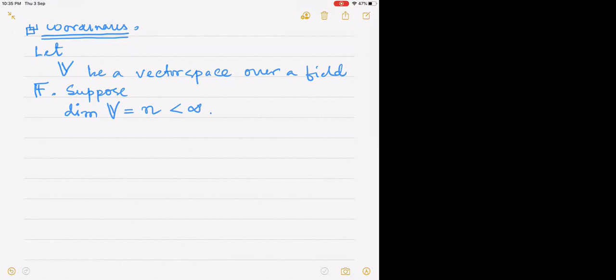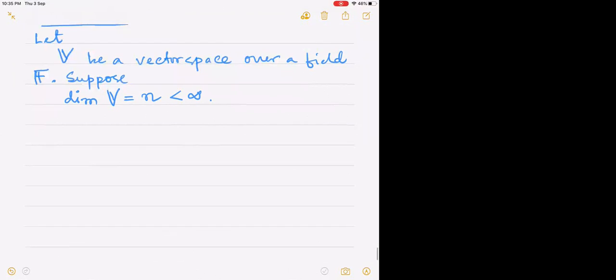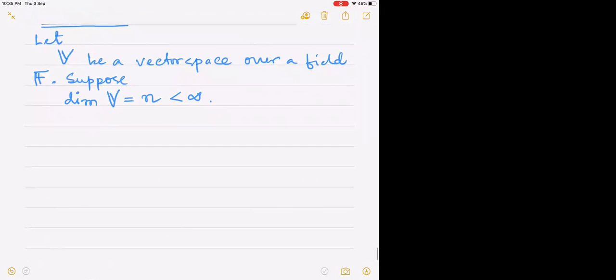Now, for this finite dimensional vector space, say B, which is v1, v2, dot dot dot vn, is a basis.